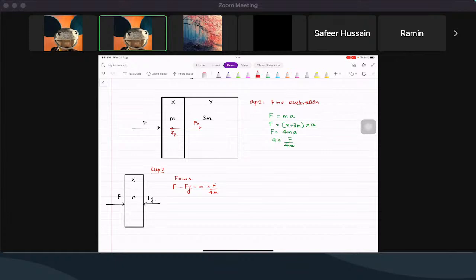I just replace the acceleration there. M and m will cancel out, so F minus Fy equals F over 4. Now if you want to find Fy only, this will be F minus F by 4. That comes out to be 3 by 4F. Is it clear, everybody?